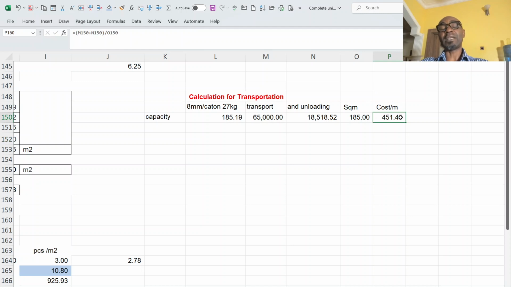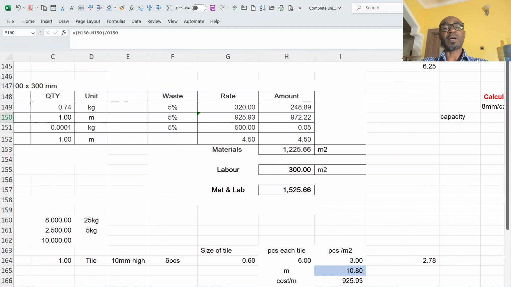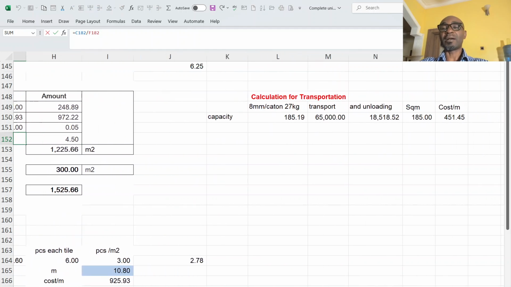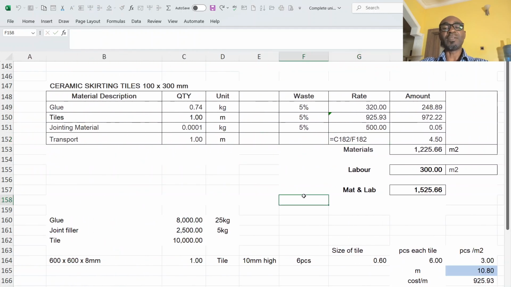Then I divided it by 10.8 linear meter to give me cost per linear meter, which gives me 4 naira 50 kobo per linear meter.